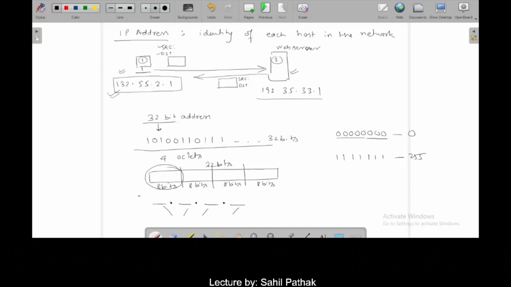So all the octets will be in a range of 0 to 255, and this is how IP addresses look, for example 153.254.33.92. Anything in an octet has a range between 0 and 255.